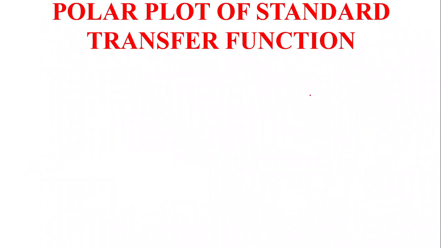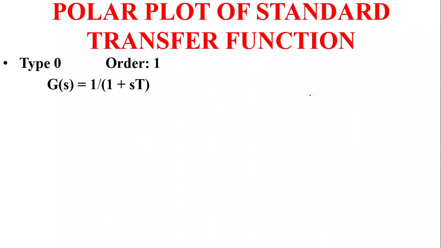And then the polar plot for some of the standard transfer functions. The first condition is type 0 order 1 systems.